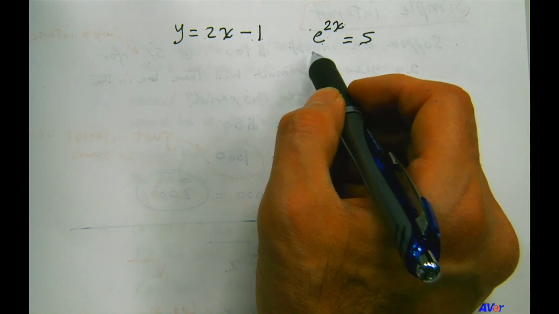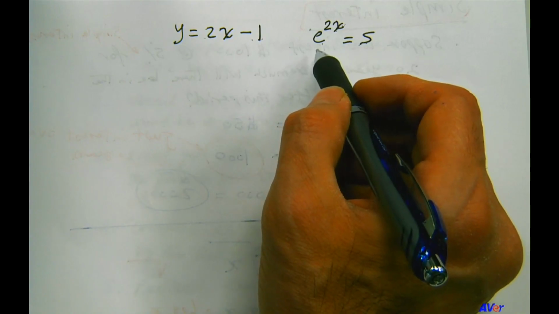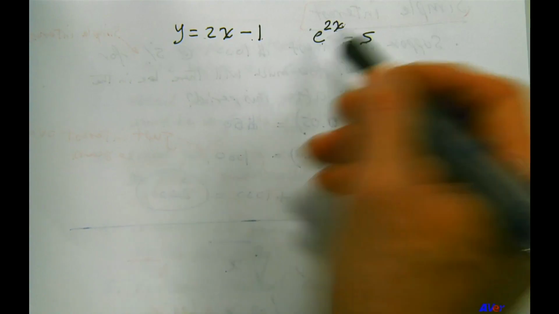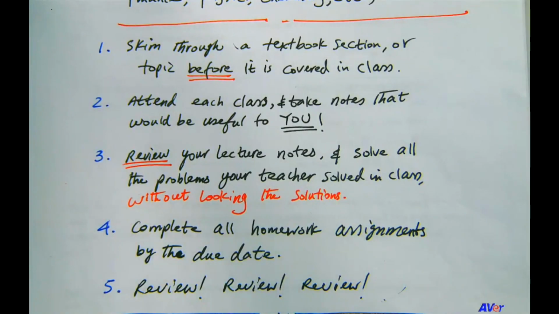This section is one of the two last and converging sections, which means we're going to be using everything we've learned so far in solving these types of equations. Okay, so that's the overall picture behind what we will be doing in this section.